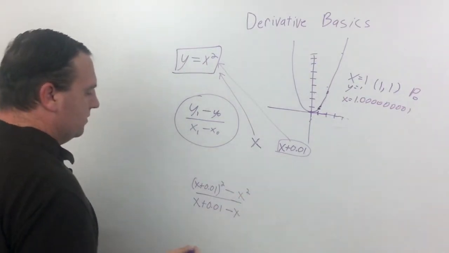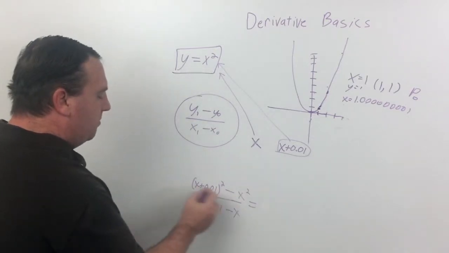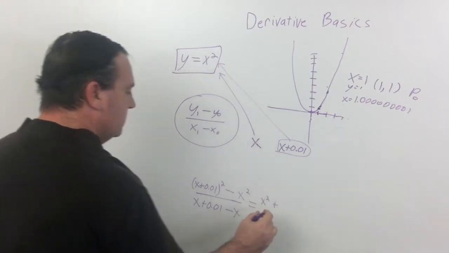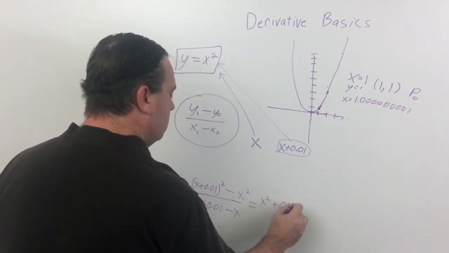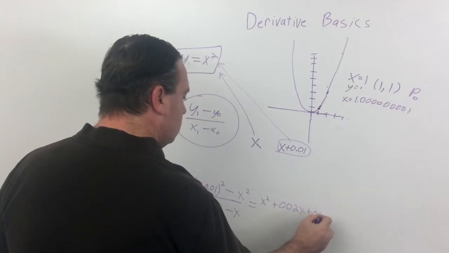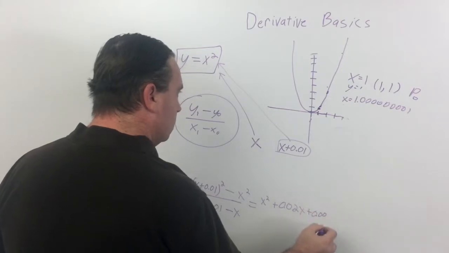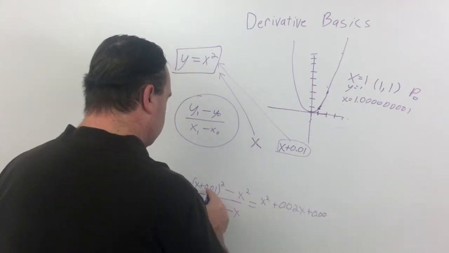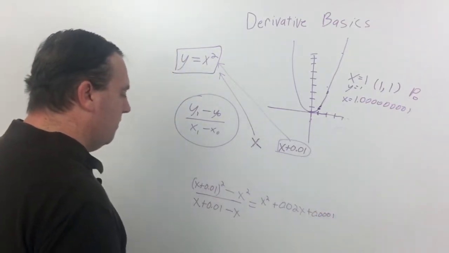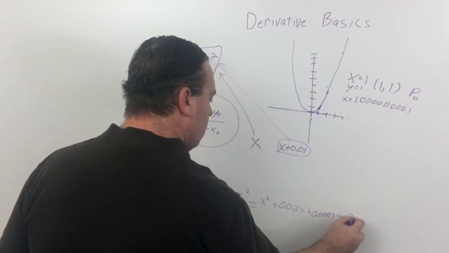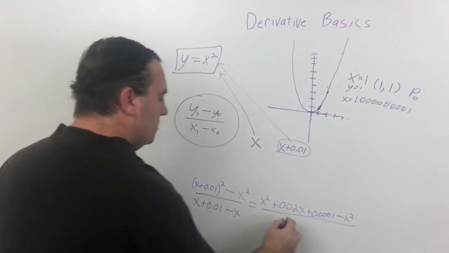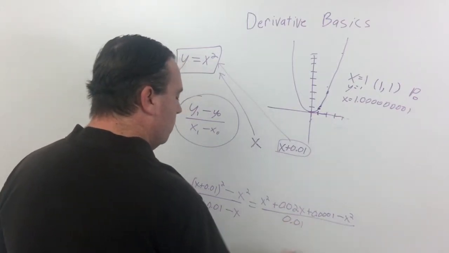So when we unwrap this, it'll give us x squared plus 0.02x plus 0.0001, minus x squared all over, and these x's subtract each other out, so all over 0.01.